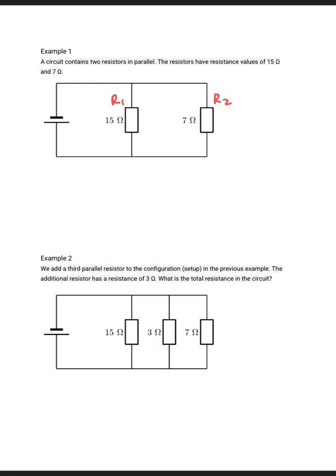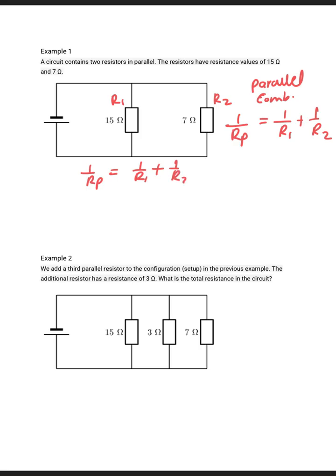Since this is a parallel combination, we're going to use 1 over Rp is equal to 1 over R1 plus 1 over R2. Where we see R1 we put 15, where we see R2 we put 7.